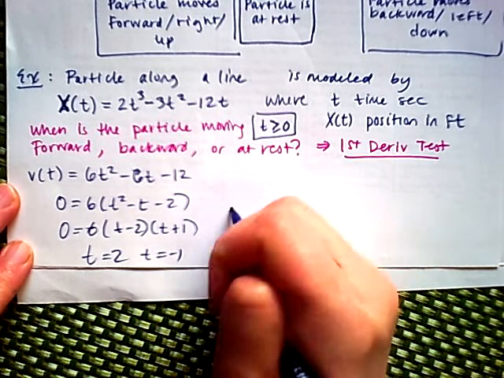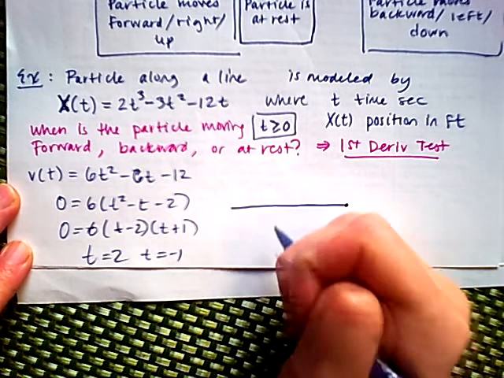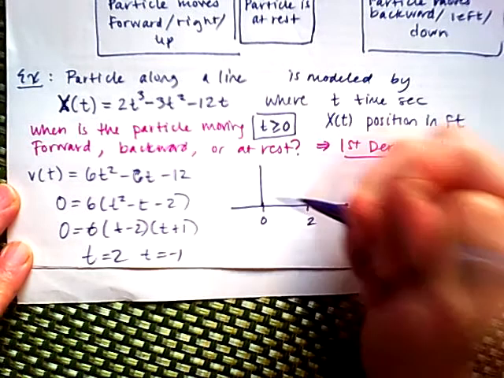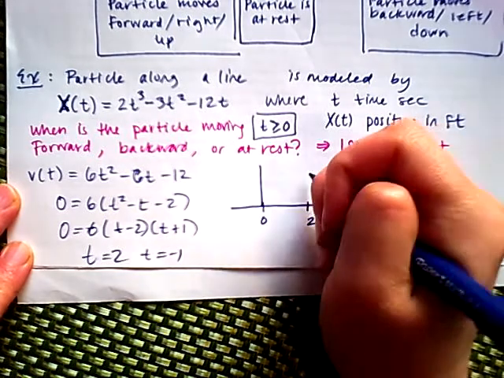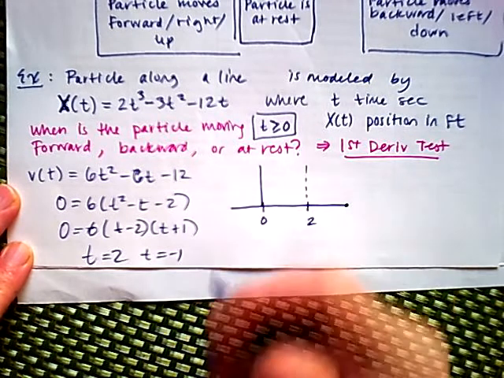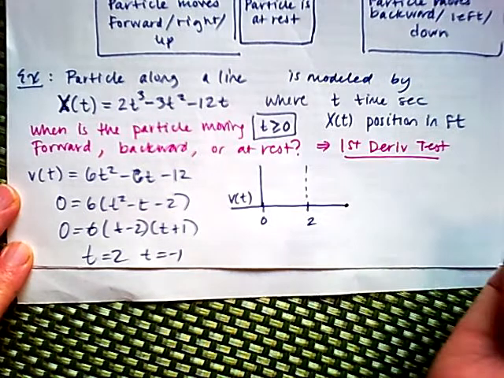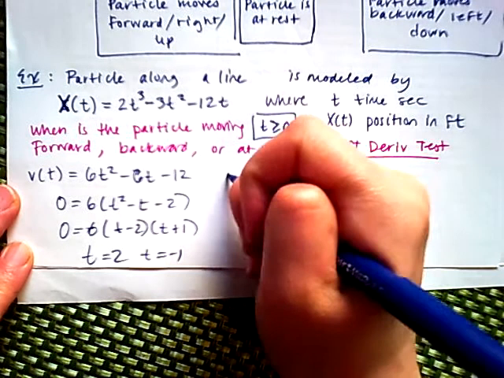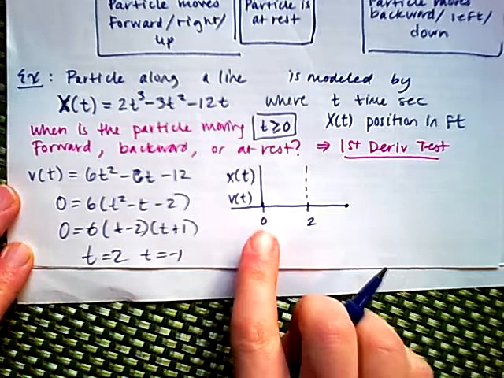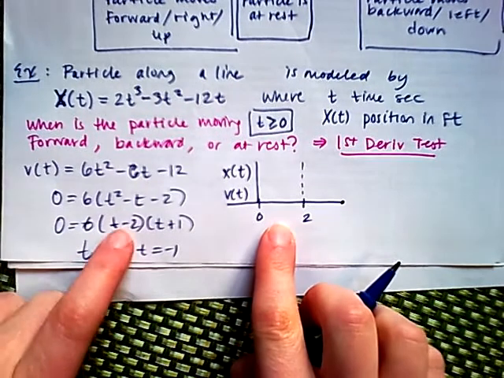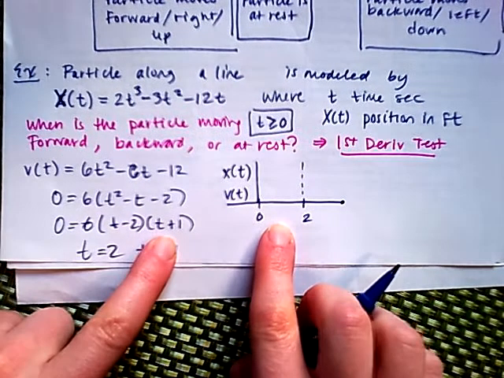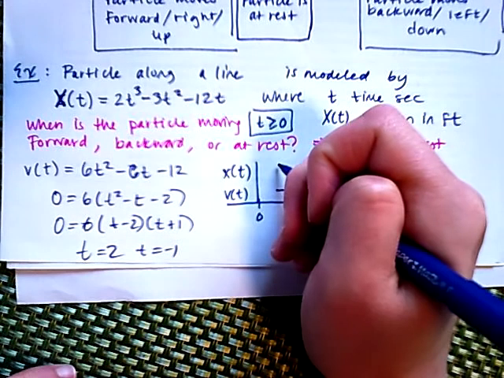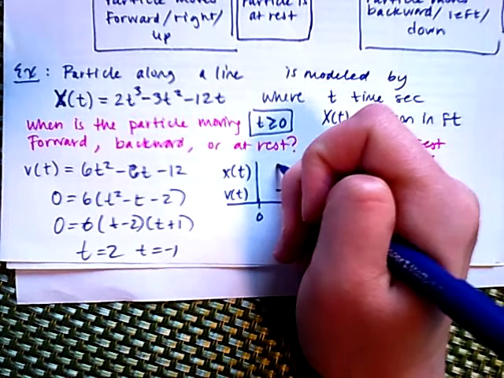And so I'm going to put 0 on here, and I'm going to put 2 on here. 0 is like my hard boundary point, but at 2, I need to think about whether the velocity is positive or negative on either side of that. Between 0 and 2, if I plug in 1, I'm going to get negative times positive, which is negative. So I have something negative, which means the function is decreasing.